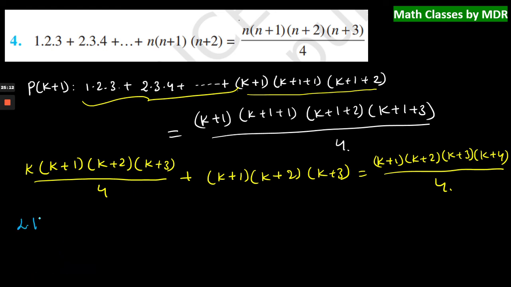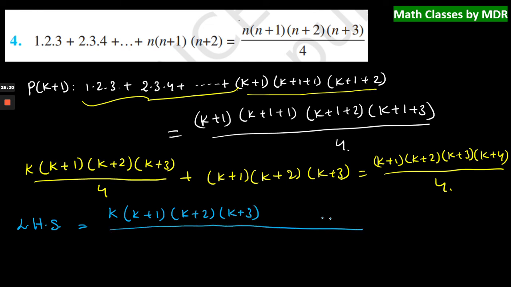So the left hand side is, what do you have? K into k plus 1 into k plus 2 into k plus 3, and take the LCM. You will see that k into k plus 1 into k plus 2 into k plus 3 by 4, upon 4 actually, by taking an LCM, plus k plus 1 into k plus 2 into k plus 3 by 4.